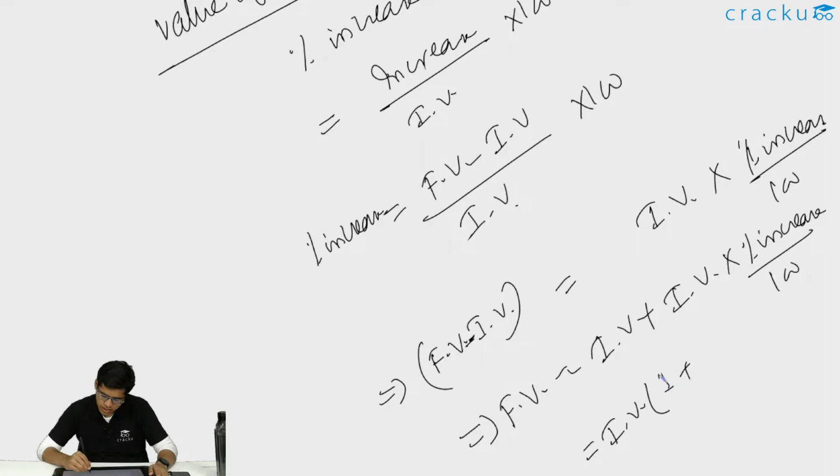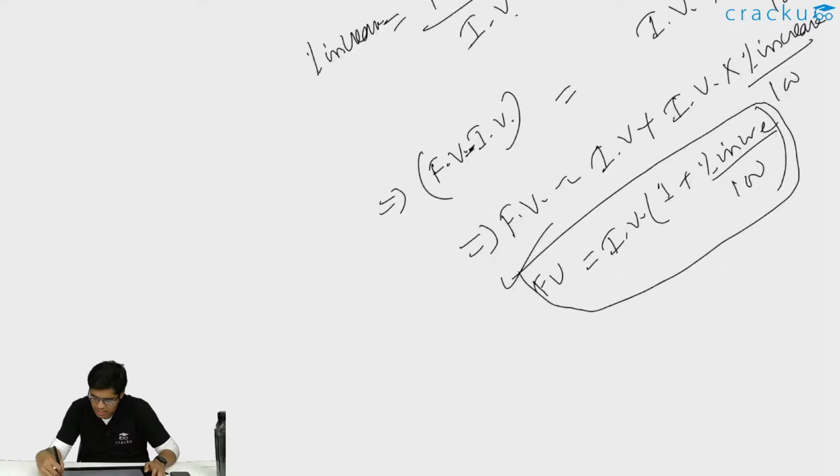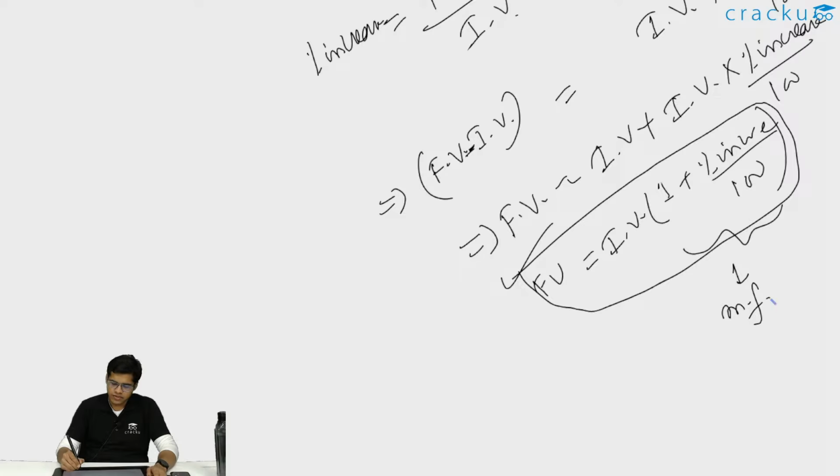Taking initial value common, it will be 1 plus percentage increase upon 100. So the final value is initial value into 1 plus percentage increase upon 100. Basically this 1 plus percentage increase upon 100, we call the multiplying factor, MF.